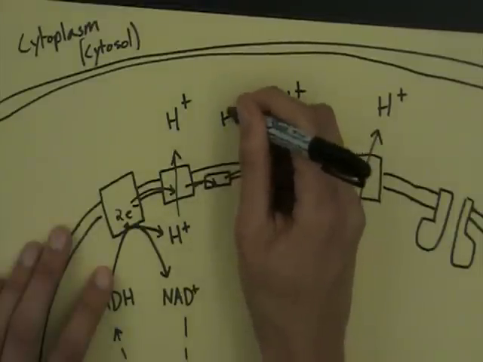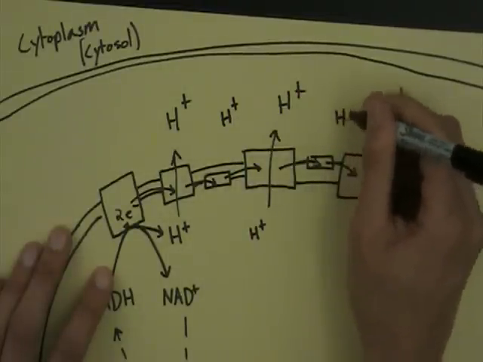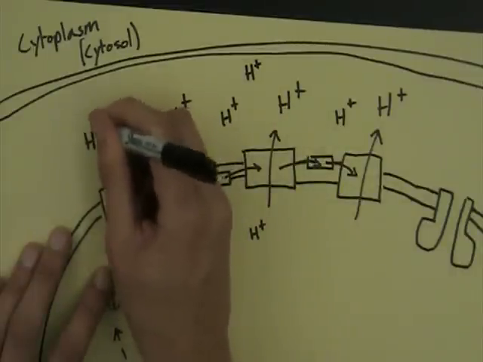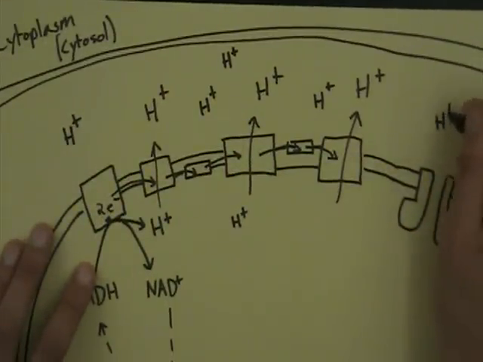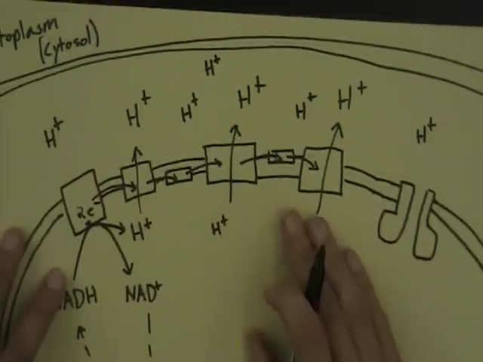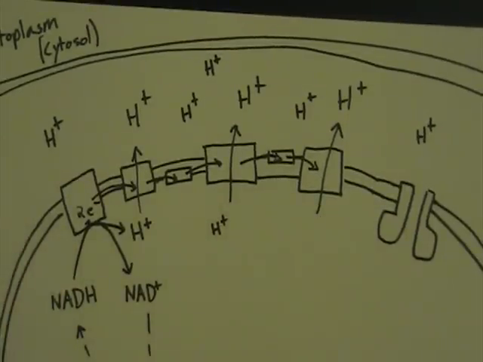This greatly increases the concentration of hydrogen ions, or protons as they're also known, in the intermembrane space. So I'm just drawing a large number of hydrogen ions on this side. This is a form of active transport, and it's a very similar process to the electron transport chain that you may remember from the video on the light-dependent reactions of photosynthesis.